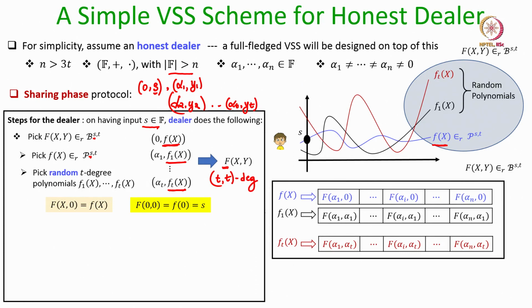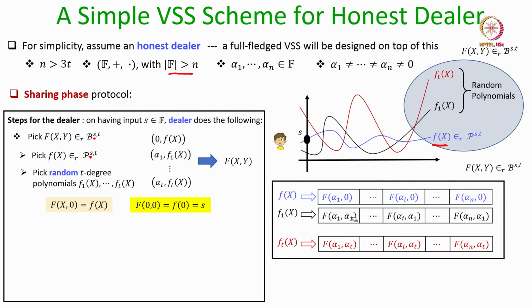So, there are two ways to pick a random t degree univariate polynomial, either pick the coefficients randomly or pick the points randomly. The same thing we are doing even for the case of bivariate polynomials. The dealer is supposed to pick a random t degree bivariate polynomial, except that its constant term should be the secret of the dealer.